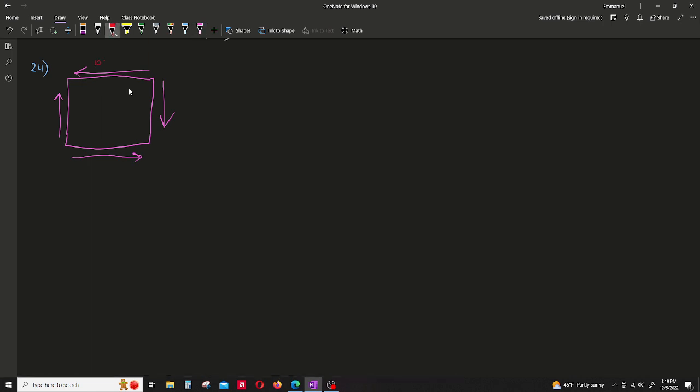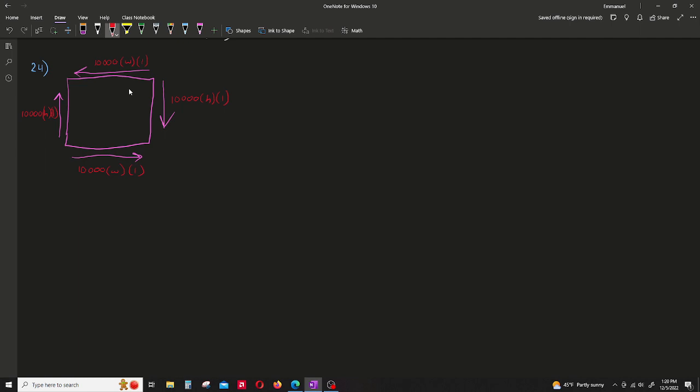So this would be 10,000 times W, and then this one would be the 10,000 for the height, and then 10,000 again for the width there. And then lastly, another 10,000. Hopefully I got enough space. Did I make it? Yeah, there we go.